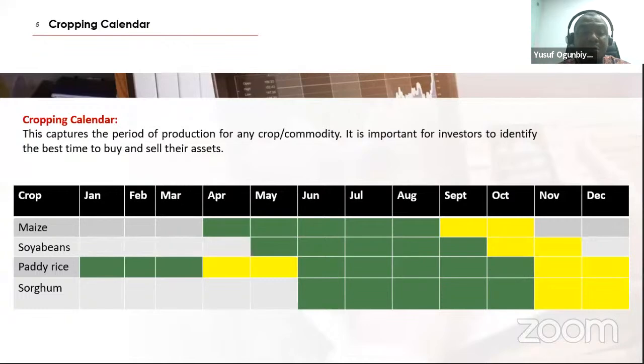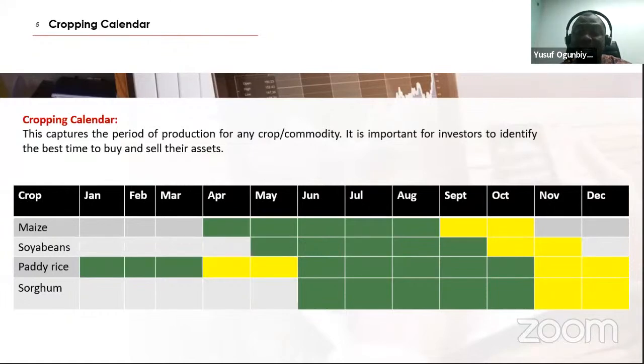You typically have maize. So the green represents the planting period, the yellow represents the harvest period. So you have planting for maize going from April to August in some places, and in some other places in the country, you have it going from April to September.